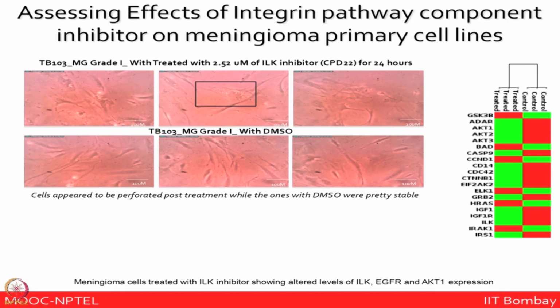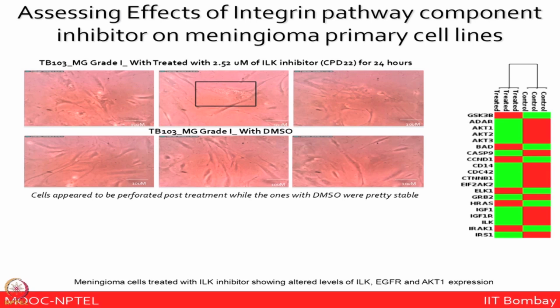Interestingly, it showed that this inhibitor could potentially affect the targets which we talked about in the network analysis. And after doing real time PCR analysis, some of these targets were again confirmed, showing that this particular inhibitor has perturbed these genes of interest.